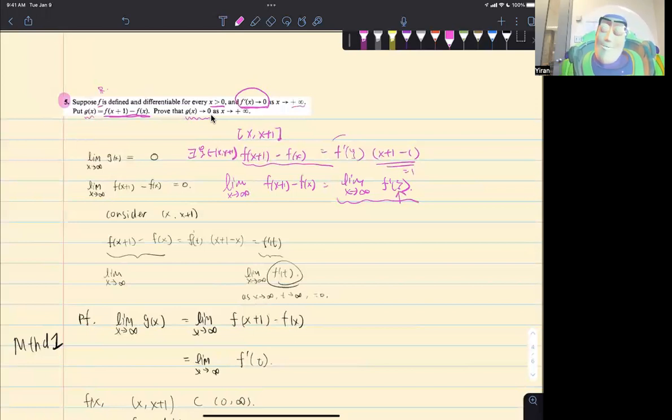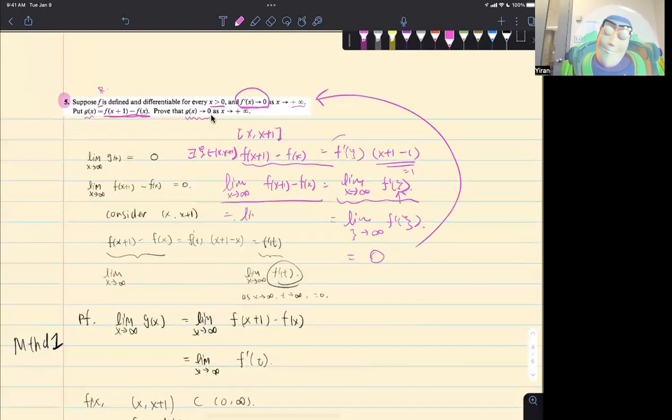So as x converges to infinity, c also converges to infinity. Therefore, this is equivalent to the limit as c converges to infinity of f prime of c, and this is equal to 0 as we stated here. And therefore, we have the limit. This is equal to the limit as x converges to infinity of g of x. Therefore, we're done.